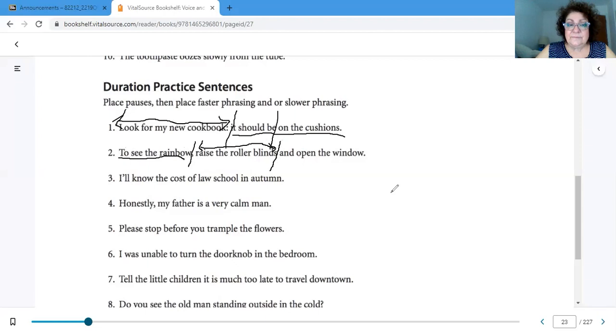Okay. To see the rainbow, raise the roller blinds and open the window. If you wanted to go not that slow, to see the rainbow, raise the roller blinds and open the window. I could have taken a pause there like I just did.